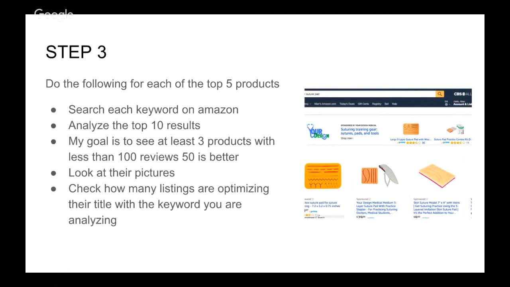I want to make sure that if it's 2,000-3,000 sales a month on the top 10, they're all making sales, because when I start ranking and I get one of those top 10 places, I want to make sure that I'm going to be able to make some sales as well. So that's step 3.